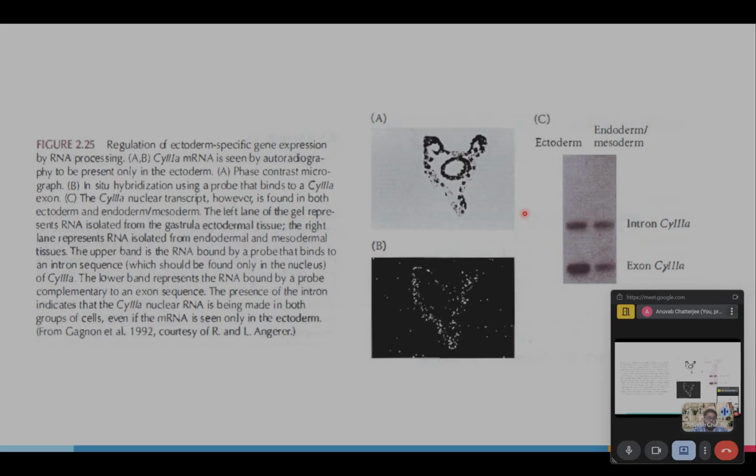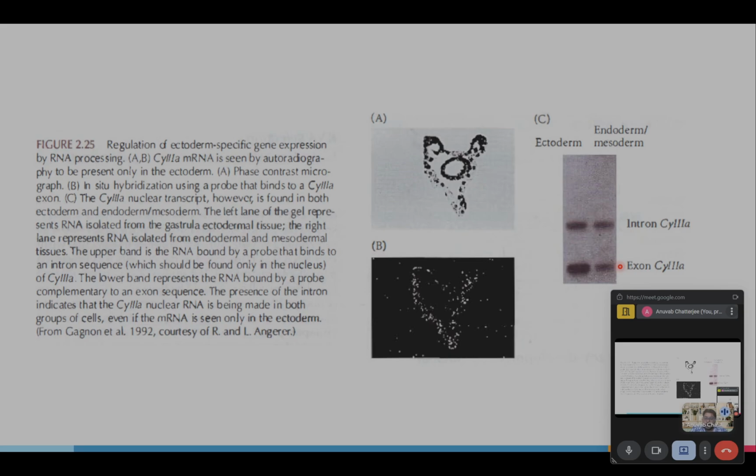And then here is the northern blot, in which you can see the total RNA extracted from the ectoderm and the endoderm and the mesoderm are run separately. And as in the question, we see that in the case of an intron specific probe, both levels seem to be similar in ectoderm and endoderm or mesoderm. And in case of the exon specific probe, however, the ectodermal Cy3A is much more compared to the endoderm or the mesoderm.